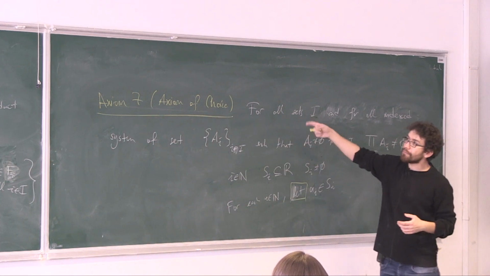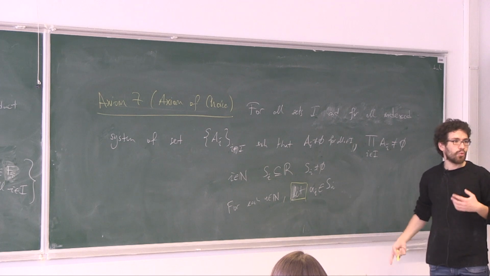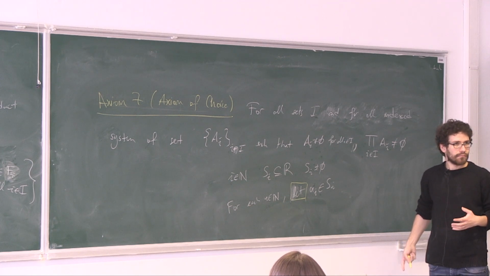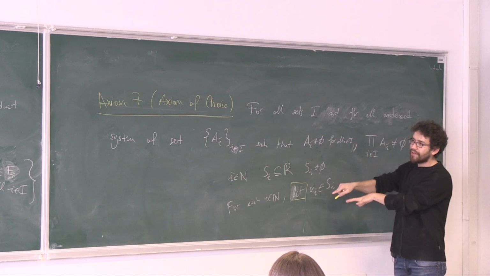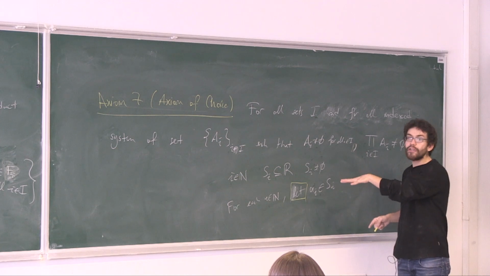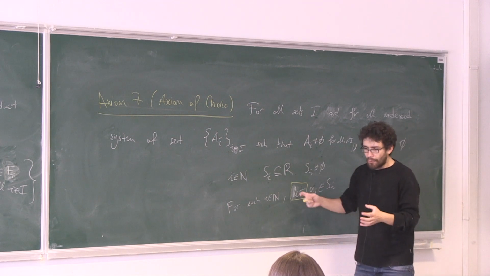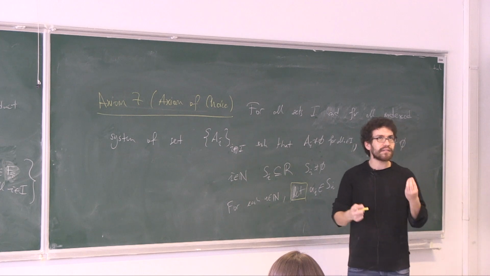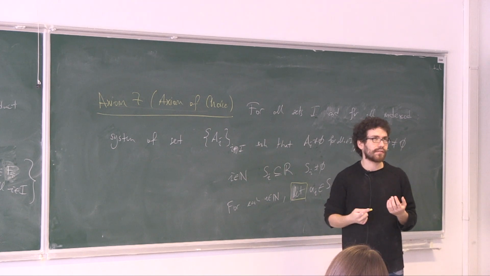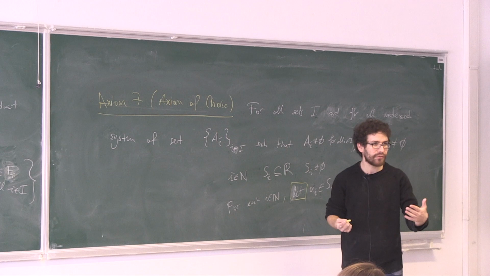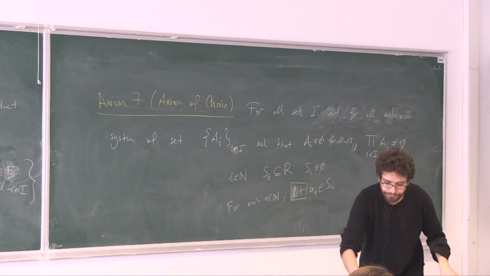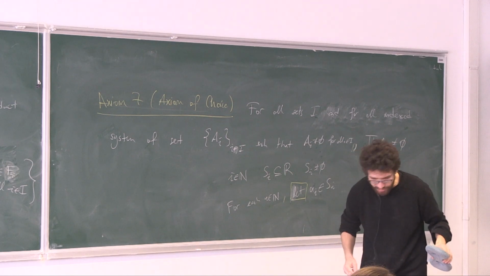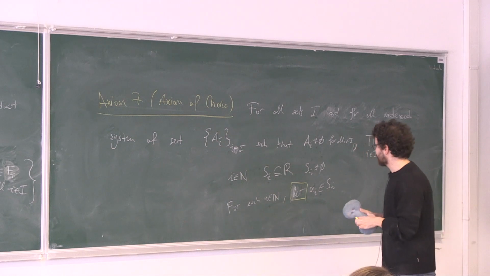Okay, so you actually use this a lot in practice without noticing it. And I'm just going over this so that you actually notice it when you use it. Whenever you make infinitely many choices simultaneously, you use axiom of choice. Now, we don't know what the word finite means at the moment.